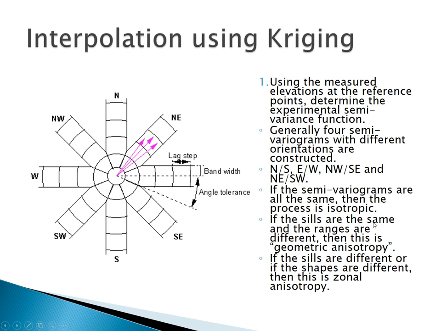If the sills are the same and the ranges are different, then that's known as geometric anisotropy, which means that there's going to be some variation between each of the semivariograms in each direction. And then if the sills are completely different or the shapes are different, then this is zonal anisotropy. And so therefore each zone again has a different semivariogram. So there is some variation that can happen, and kriging allows us to identify that.